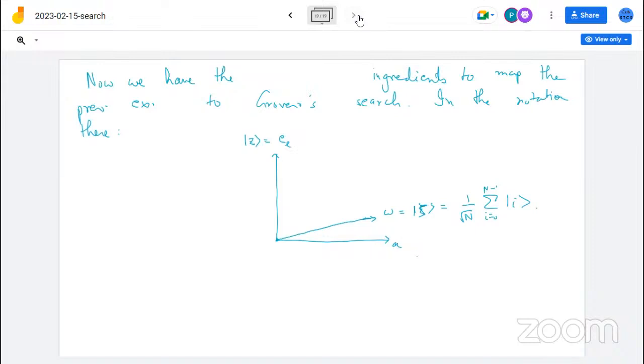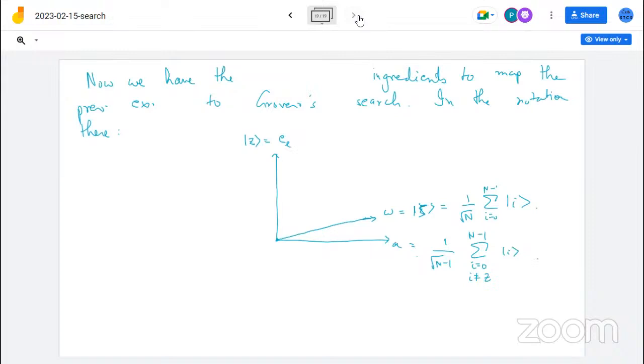So what is A in terms of the other things? One over root n minus 1, I equal from 0 to n minus 1, I not equal to Z. That's what A is. Okay.